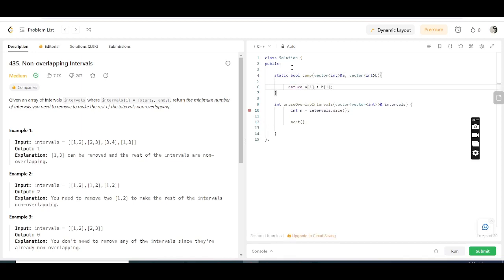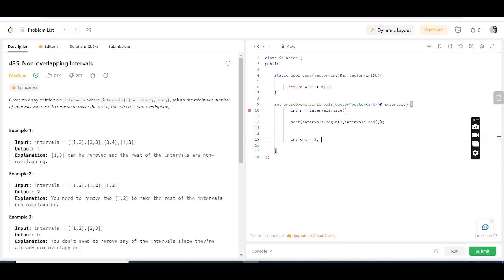Why? Because we are sorting them by the second integer, so that's why we're comparing the second integer, right? So we sort from intervals dot begin to intervals dot end. After that let's take a count which is 1.